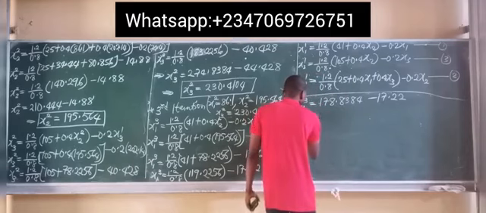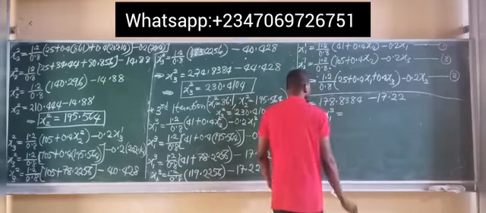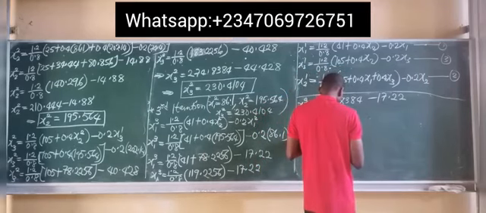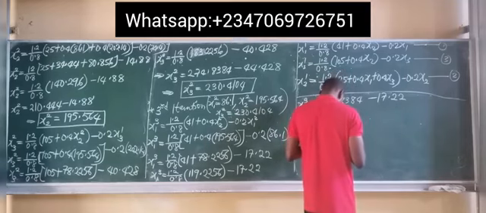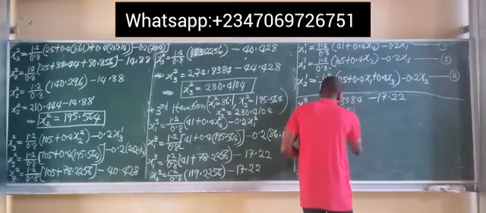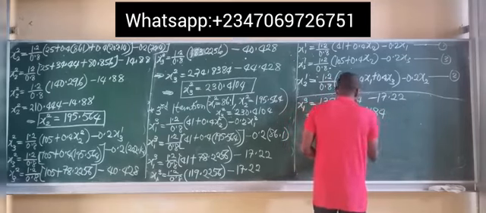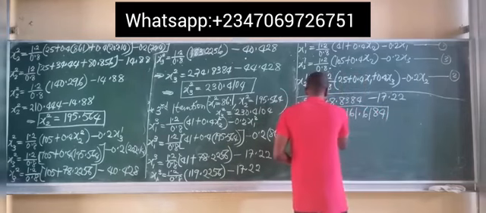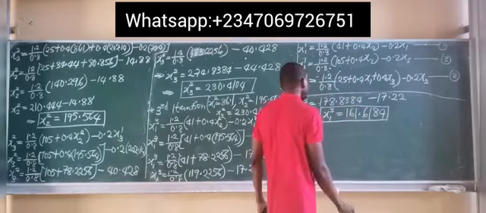So this implies that the third iteration for the first variable x is now equal to 178.8384 minus 17.22. We have 161.6184. So this becomes the third iteration for the first variable x.